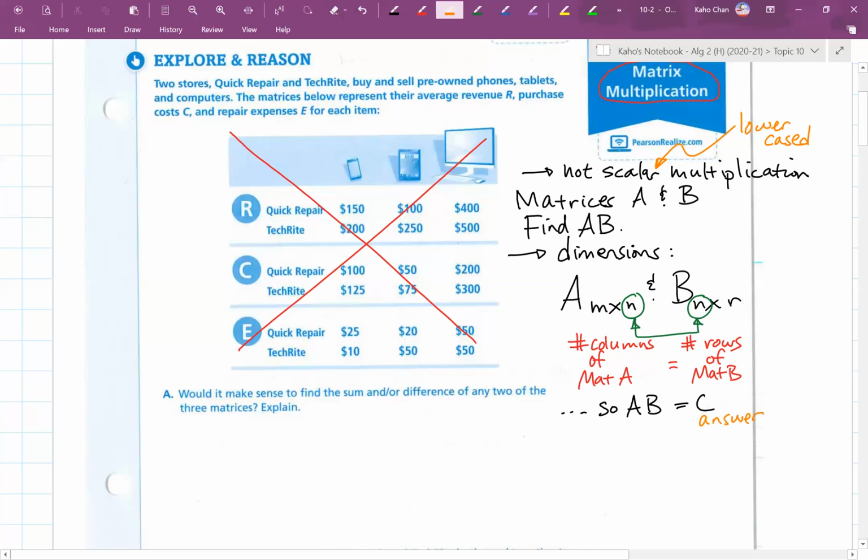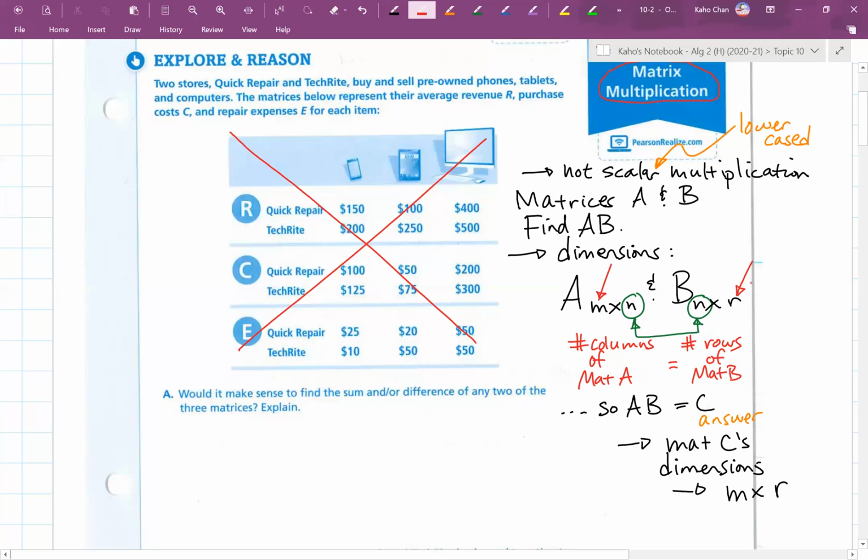The weird thing about matrix C is that its dimensions will be m by r, the numbers on the outside.